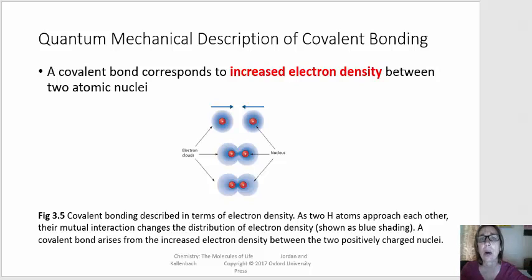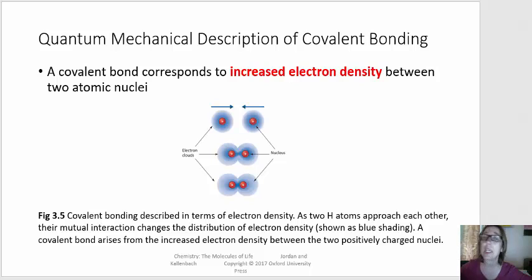Now, if we think about bonding from a quantum mechanical point of view, we're going to think about bonding in terms of electron density. And when a bond forms between two nuclei, or between two atoms, the bond is described as a greater electron density between those two nuclei, or between the two atoms.